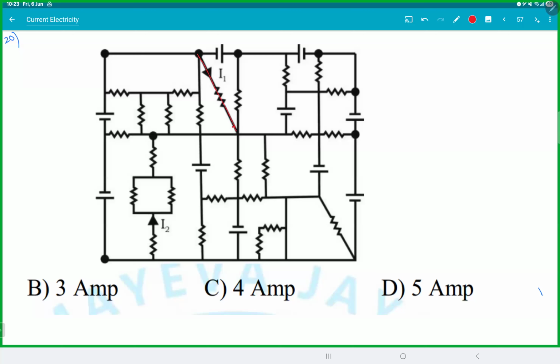So for this guy, for this, and look at this thing. This battery is plus V. This battery is plus V. This battery is plus V. This is minus V. This is plus V. This is minus V. So there are 4 batteries in the same direction and 2 batteries in the opposite direction.